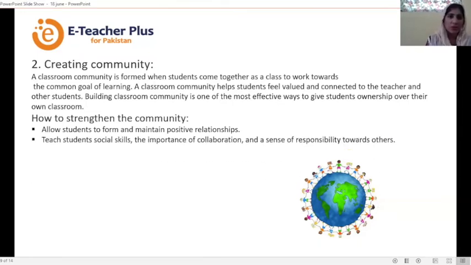If I talk about my class, whenever I give an assignment or presentation or any task, I assign them in groups or pairs. For example, as I taught American literature, two students are going to work on Robert Frost's poetry.